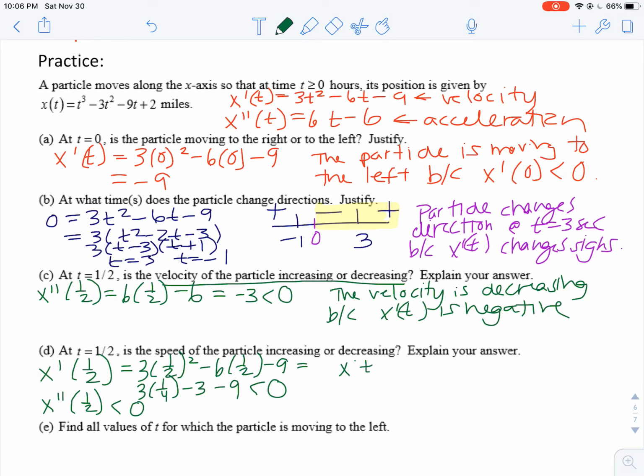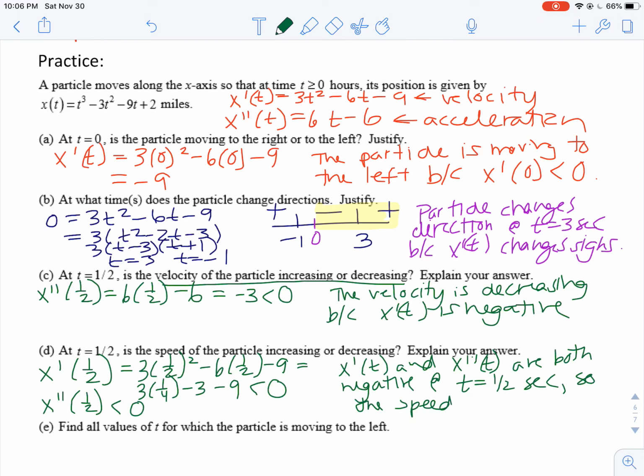So I'm going to say x prime of t and x double prime of t are both negative at t equals 1/2 of a second. So the speed is increasing. They have the same sign.